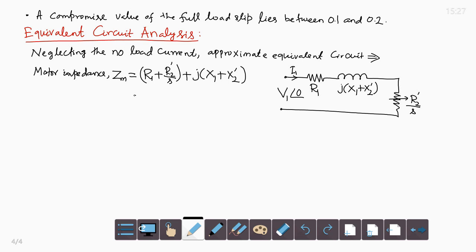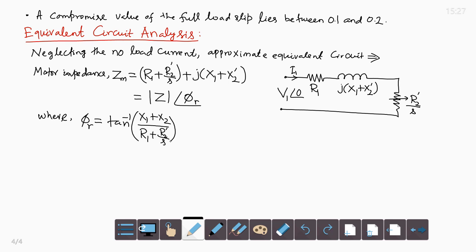So, that is magnitude of the impedance and phase angle is phi r, where phi r is the impedance angle, that is tan inverse of X1 plus X2 divided by R1 plus R2 dash by S. So, if stator applied voltage is the reference phasor given by V1 at 0, then stator current phasor I1 is V1 by magnitude of the impedance at an angle minus phi r.